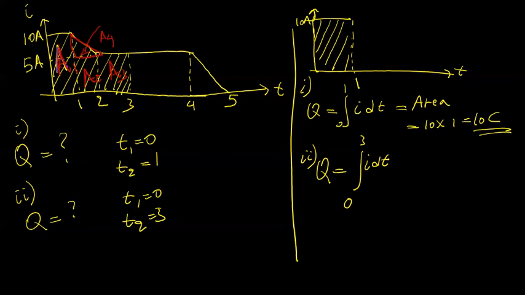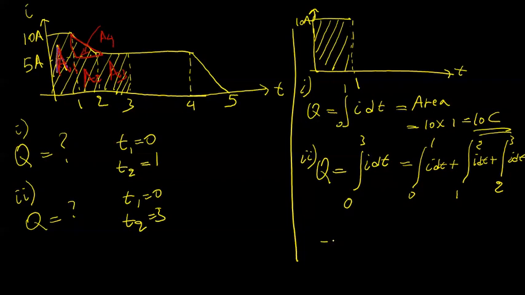Between 1 and 2, it is linearly decreasing, and between 2 and 3, it is again constant. So it changes with different time intervals. Therefore, this is technically the integral from 0 to 1 of I dt plus 1 to 2 of I dt plus 2 to 3 of I dt. So we have different expressions for the current in each interval.